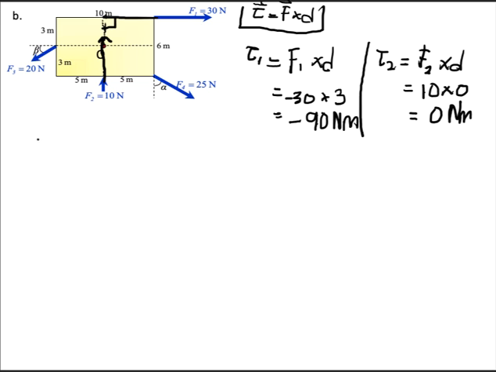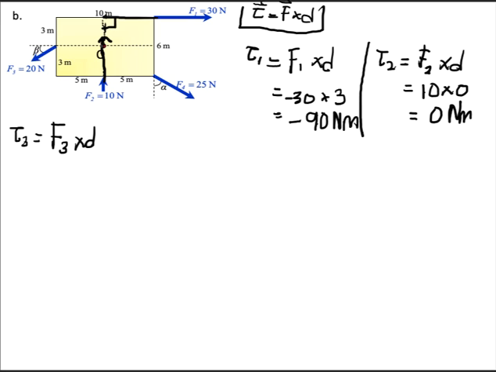Now is torque 3. Torque of force 3 times distance. This one is a little bit harder because the force is not yet perpendicular to the distance. What I do is a little bit different from the solution in the lecture notes, but this is another step that you can do to solve this question.